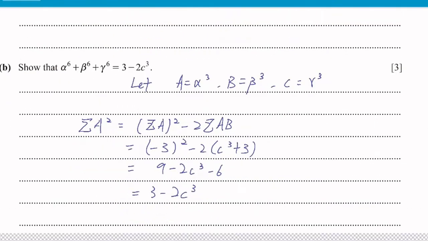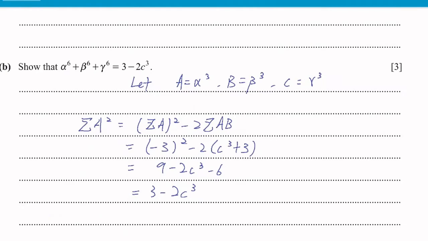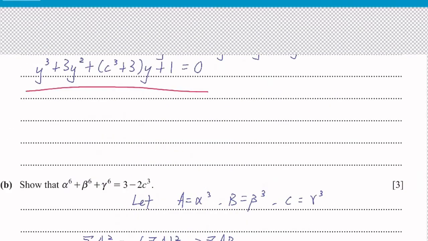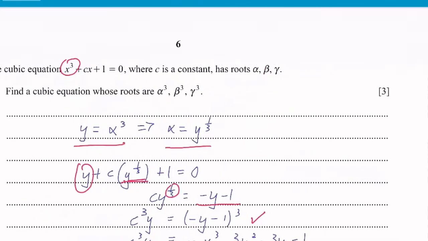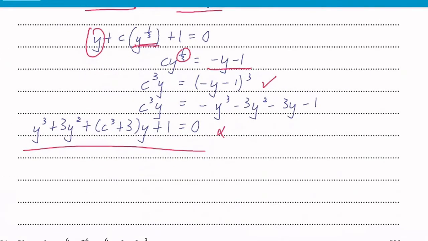With that, we will have alpha power 6, beta power 6, and so on. For this, we are not going to find the S6 from the original equation, because in the new equation here the roots are already cubed. So basically, this is just to find the S2 using the new equation.